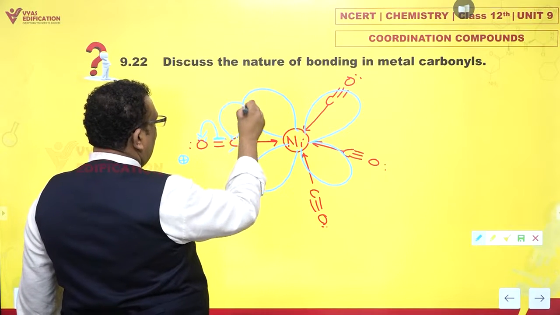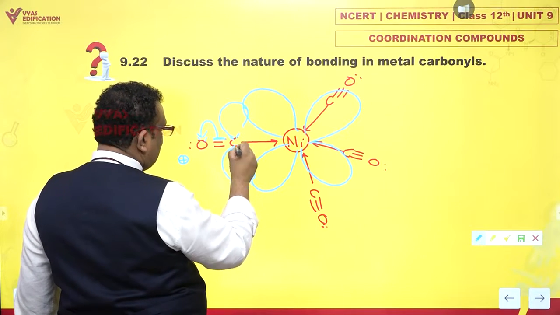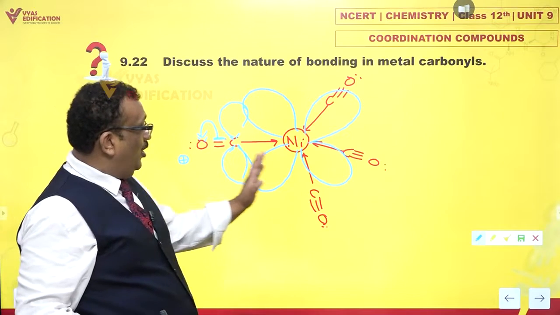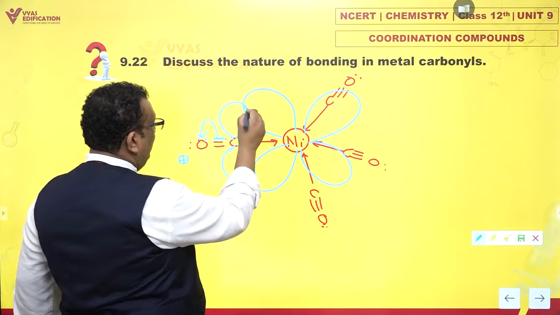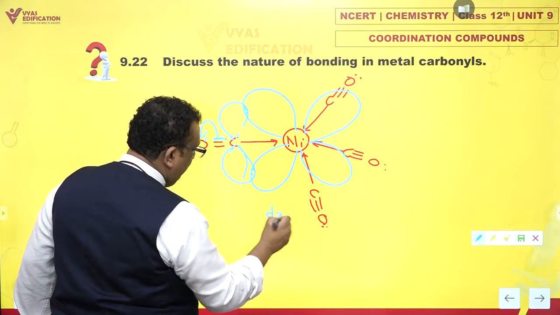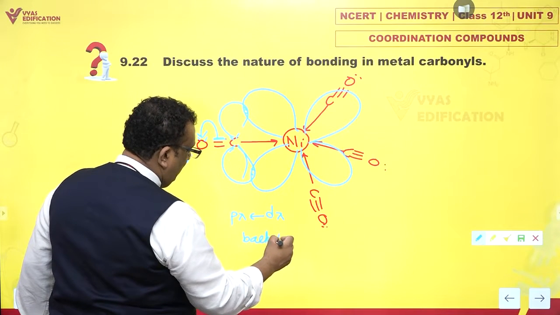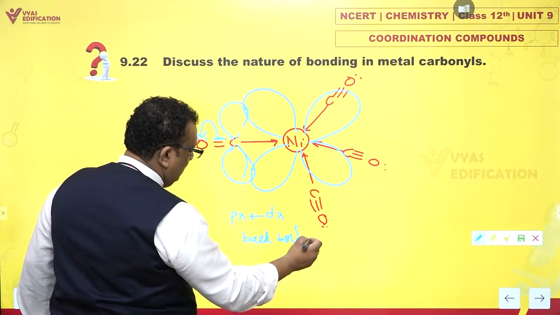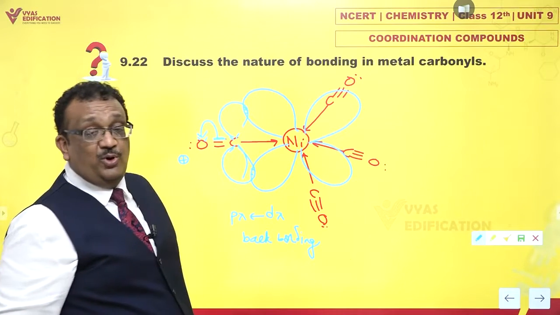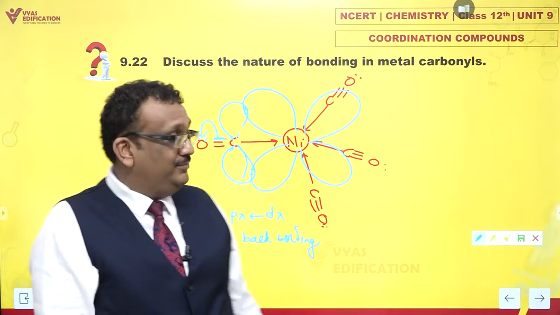This empty p orbital of carbon can now form a pi bond with this d orbital. This is d pi, p pi back bonding. If you are talking in terms of valence bond theory, this is d pi, p pi back bonding.